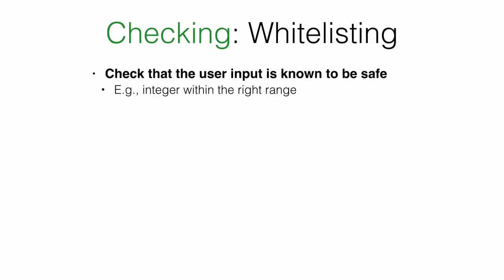Now on the checking side, you could use a whitelist to check that the input is reasonable and simply reject it if it's not. For example, we saw this in C programming, where you can make sure that an integer is within the correct range. That is, say the length specified by a user is no greater than the actual length of the buffer it is referring to, and then reject the input.